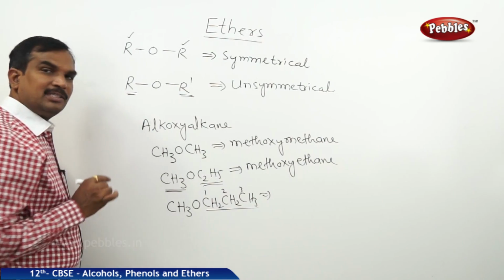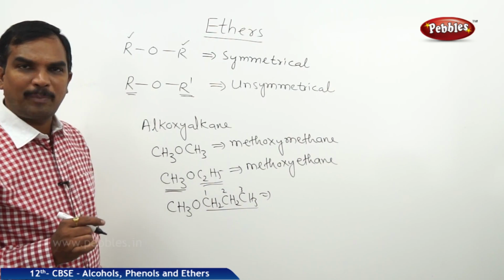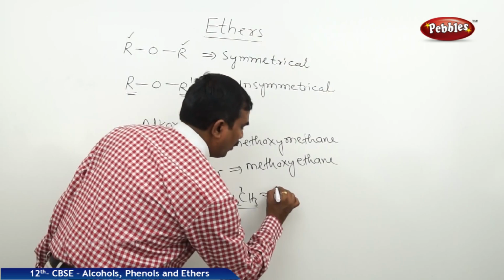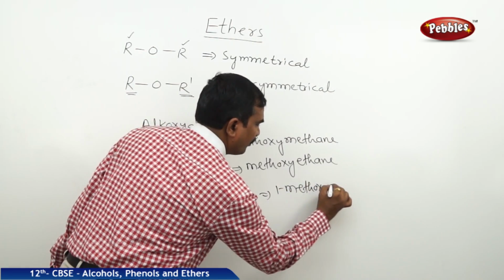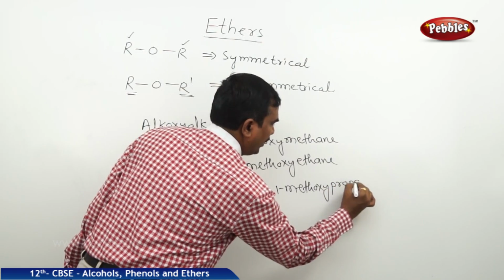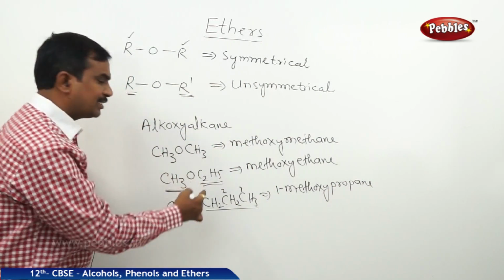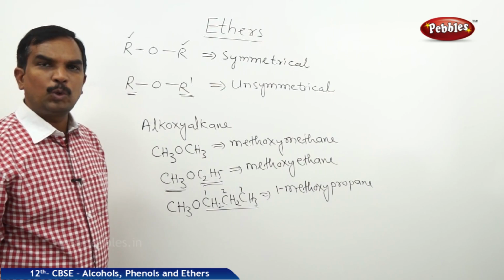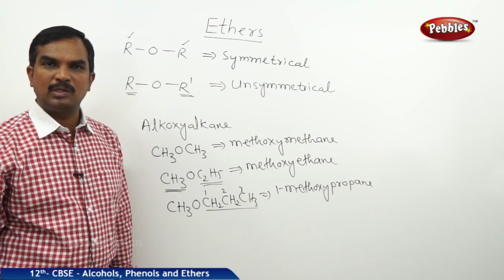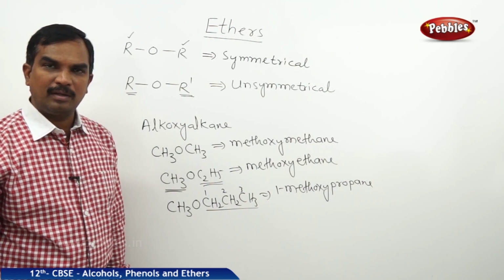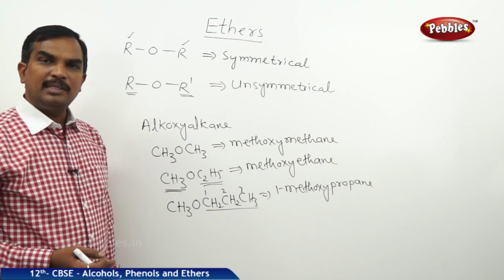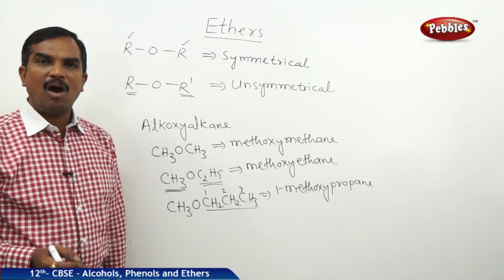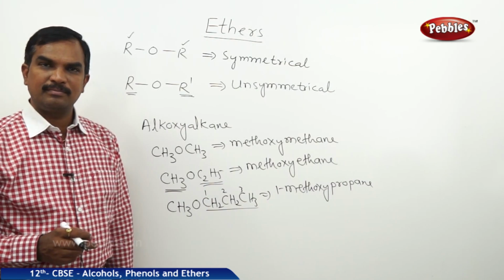That's why this is 1-methoxypropane. If it is present on the second carbon, this becomes 2-methoxypropane.